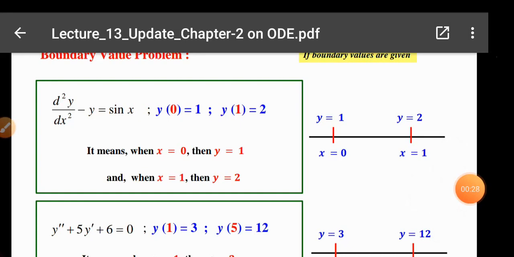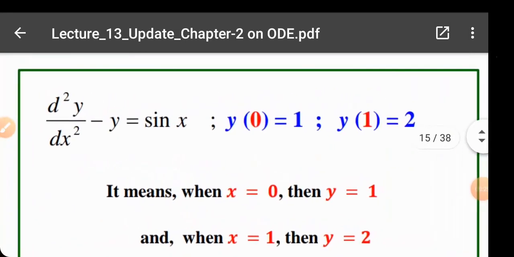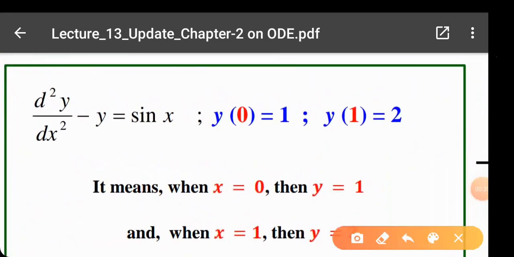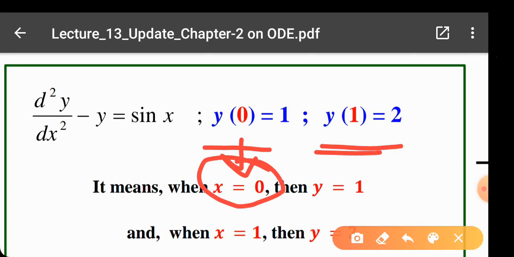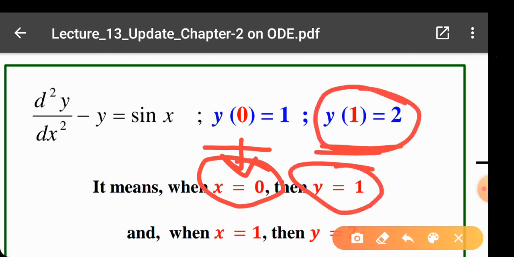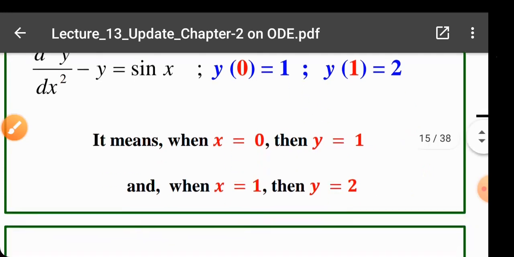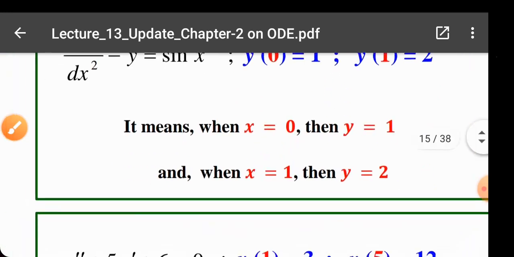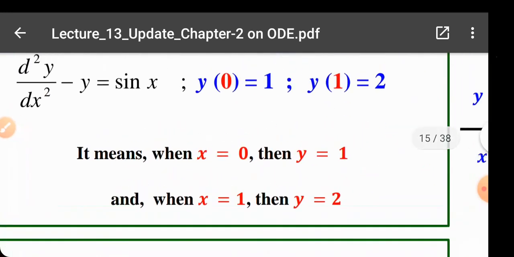If we look at the first differential equation, we have two conditions given. The first one is y(0) = 1 and the second one is y(1) = 2. y(0) = 1 means when x = 0 then y = 1, and y(1) = 2 means when x = 1 then y = 2.